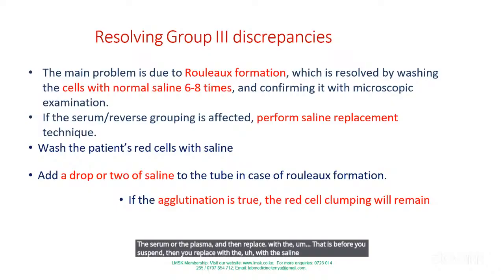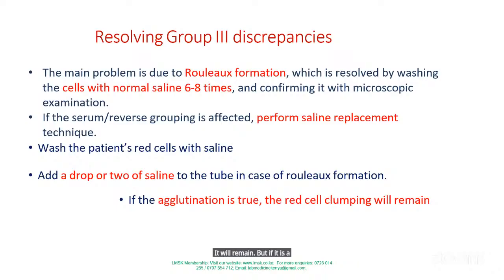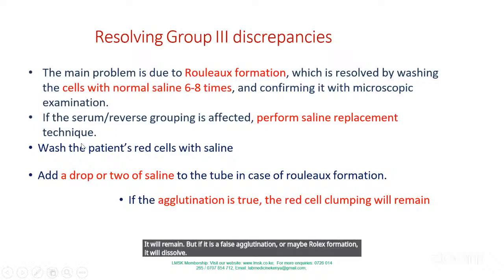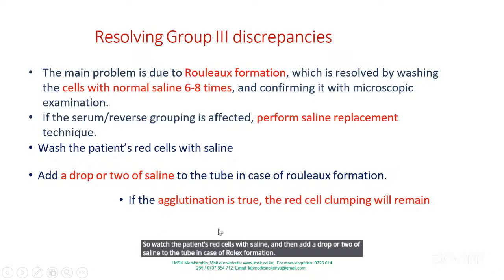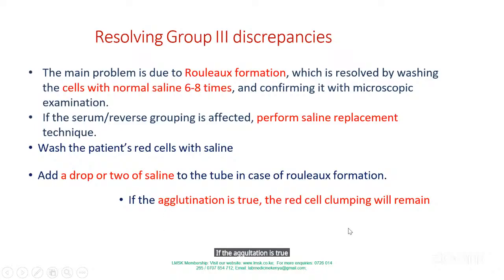Then you resuspend. So if it is a true agglutination, it will remain. But if it is a false agglutination or maybe Rouleaux formation, it will dissolve. So wash the patient's red cells with saline, and then add a drop or two of saline to the tube in case of Rouleaux formation. If the agglutination is true, the red cell clumping will remain.